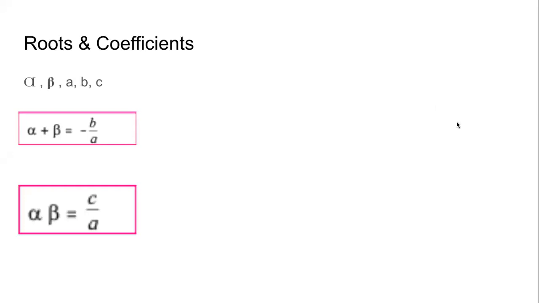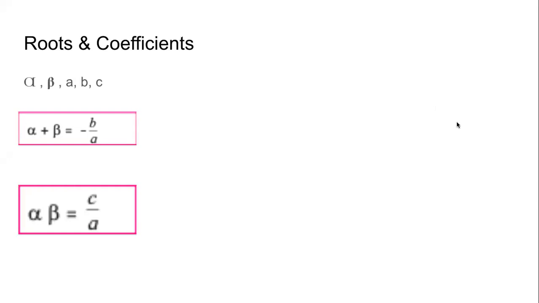Now that we know that the discriminant is that value b square minus 4ac, which tells us the nature of roots, and not just the nature of roots, it also tells us the distinctness, or in other words, the number of roots. Let us see how roots are related to the coefficients of the quadratic equation.